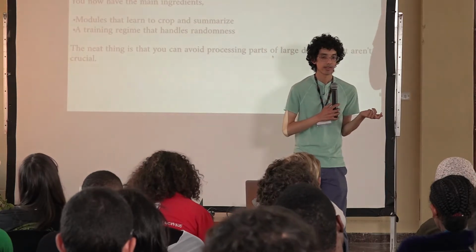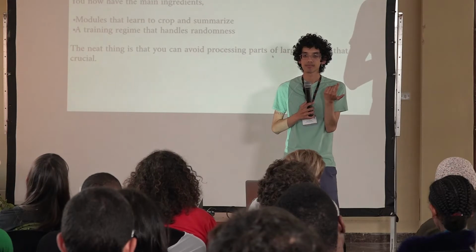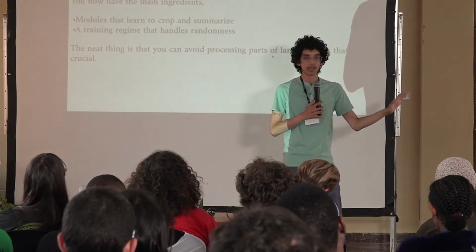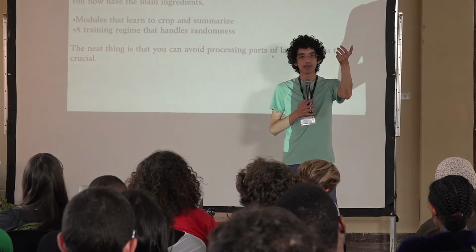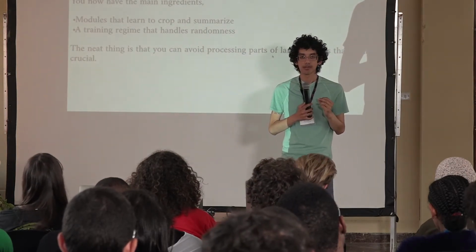Okay, so hard attention, just putting it together, we needed modules that learned to crop and summarize, and we needed a training mechanism that knew how to deal with randomness. Once we can put these two together, you can kind of train end-to-end something that crops relevant information, summarizes, and predicts, right?